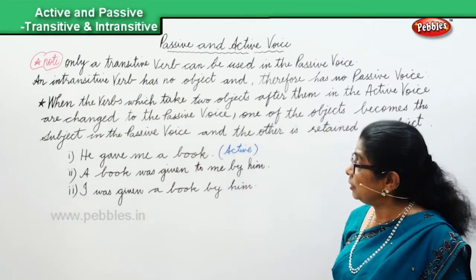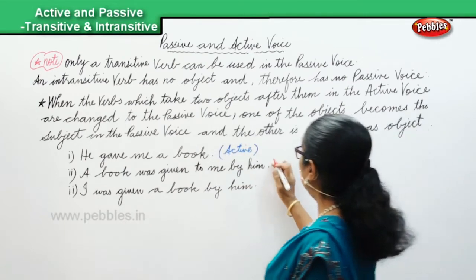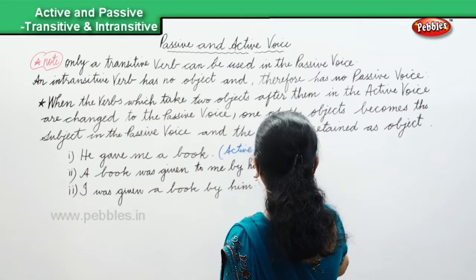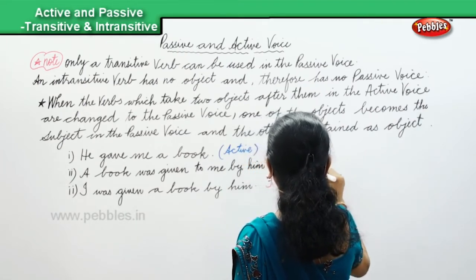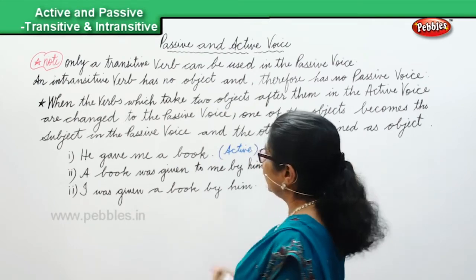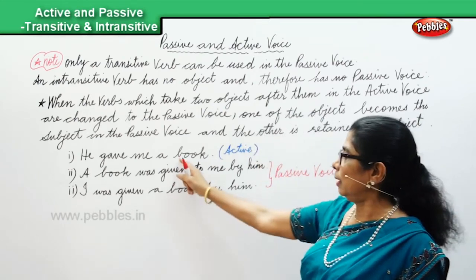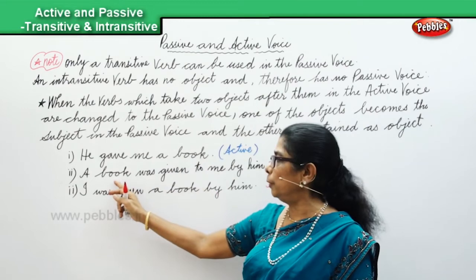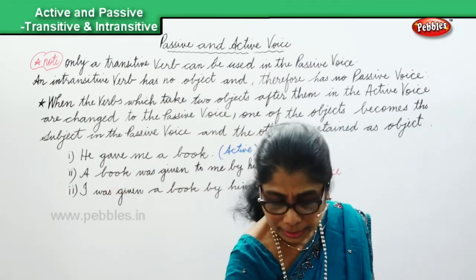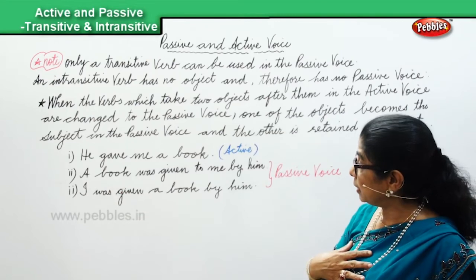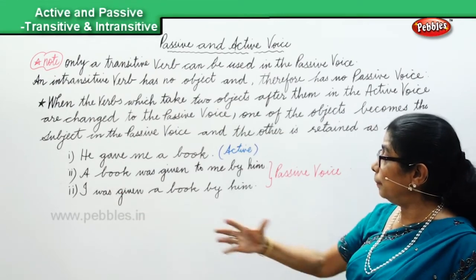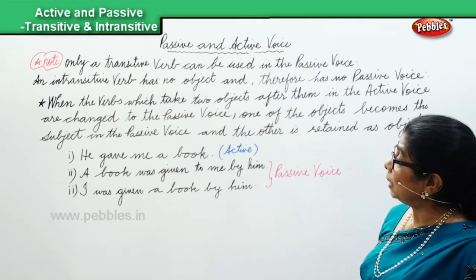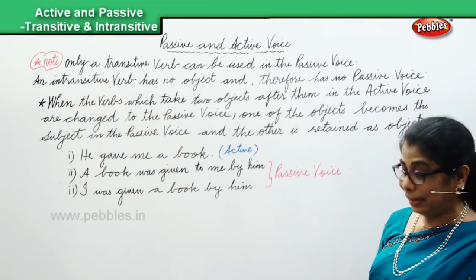Now, we are changing that so that both become passive. Passive voice: a book was given to me by him, and it can also be written, I was given a book by him.